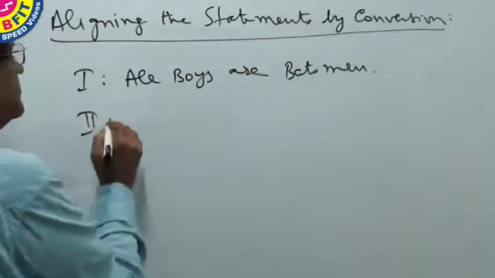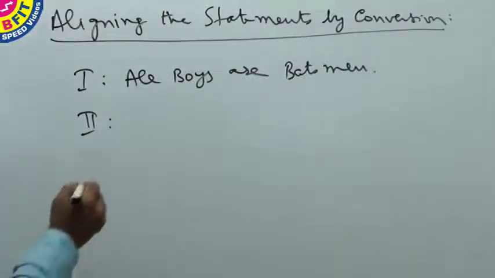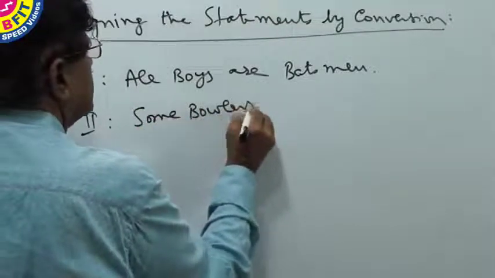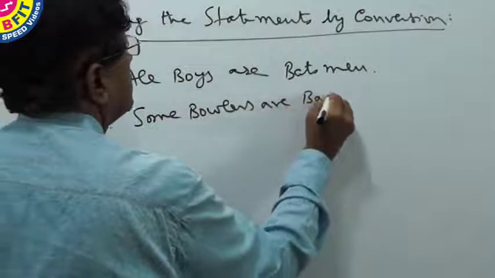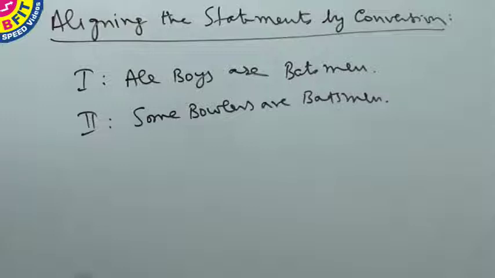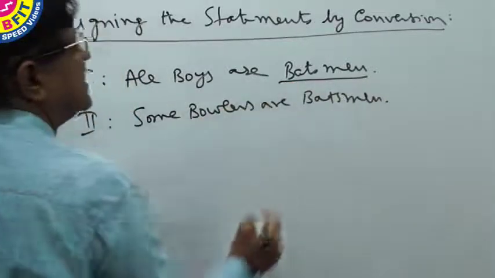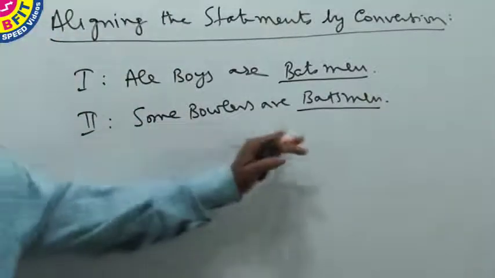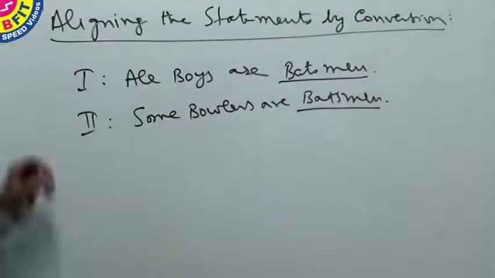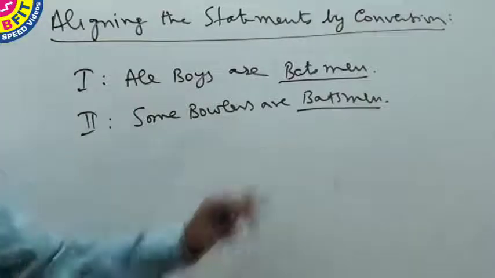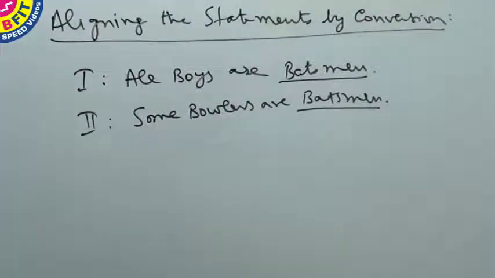Statement 2, some bowlers are batsmen. If you carefully observe, batsman is the predicate of the first statement, batsman is the predicate of the second statement. In both statements the predicate is a common term, batsman. There is a common term, batsman, but it is not aligned because in both batsman is the predicate.